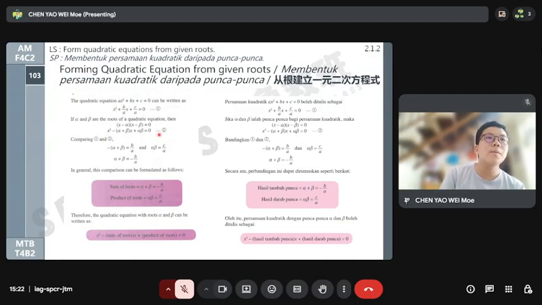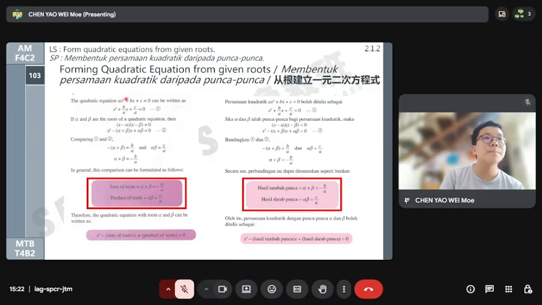Then I will make it equation 2. Comparing equation 1 and equation 2, I can get alpha plus beta equals minus b over a. So alpha plus beta is the sum of the roots.